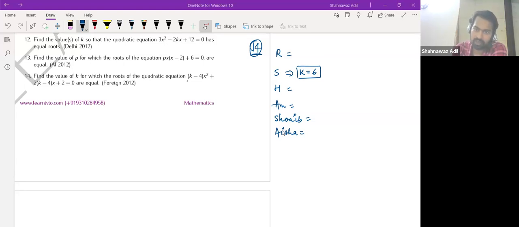K is 6. So Harshit also got 6. Rizwan, Amar, Shoaib, and Aisha, what about you guys?